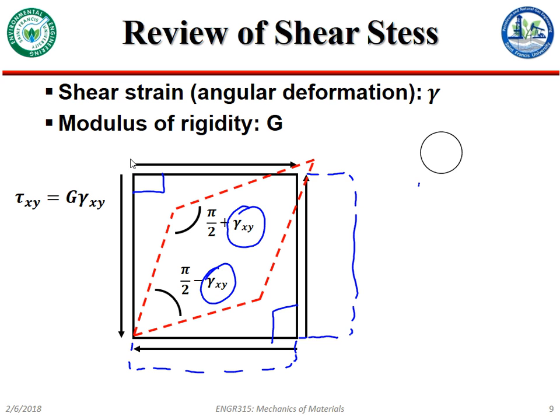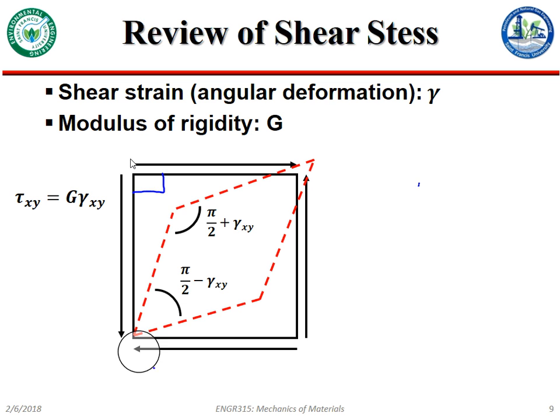So if we can measure shear strain by angular deformation, maybe we can come up with a similar sort of idea for a rod. But let's mess around with this first. This is a very general case of shear strain, so the element's not really constrained in any way.